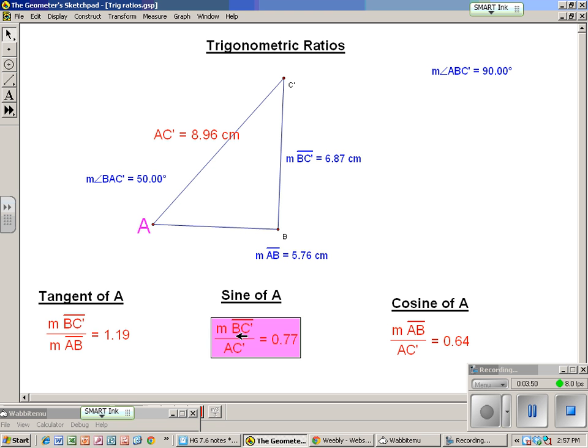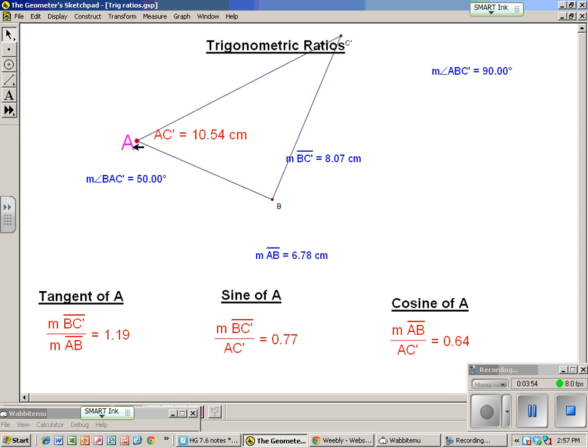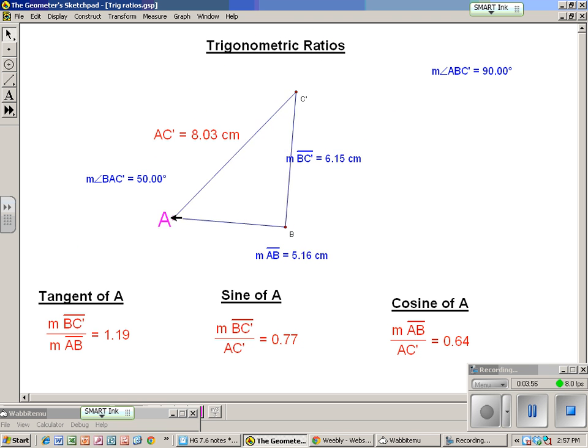Keep your eye on that ratio for the sine of angle A. It doesn't matter what those side lengths are. Because angle A is a 50-degree angle in that right triangle, the ratio of these two sides never changes. It's always 0.77 for that 50-degree angle.